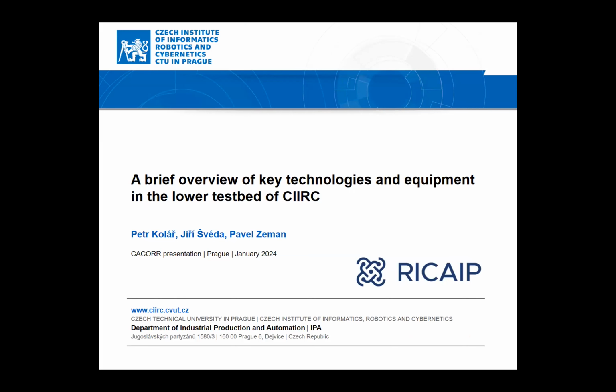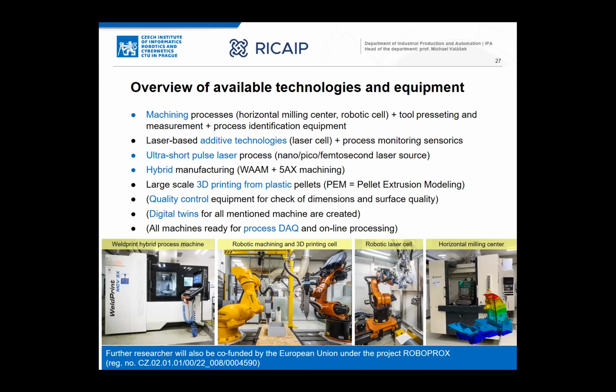Last technical presentation. I have here the last slide from our local presentation. I would like to mention again, we are responsible for the lower part of the testbed. We have equipment there based on machine tools and robots for various types of processes, which is quite interesting because we have machine tools, robots, and devices for different types of processes, for example, subtractive processing, machining, or additive processing.